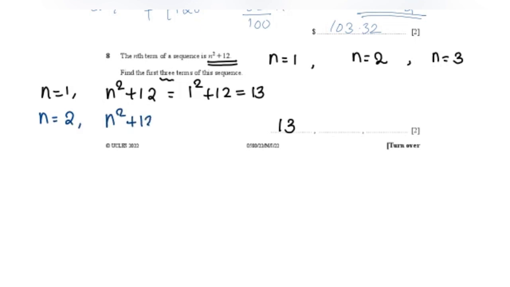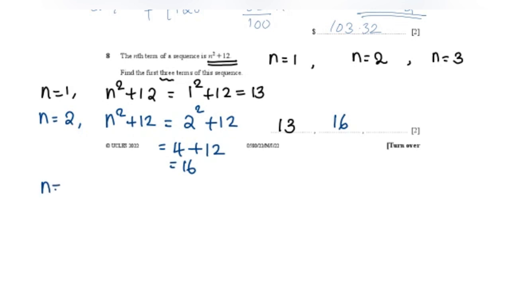When n is equal to 1, n square plus 12 will become 1 square plus 12, which is 13. So the first term in the sequence is 13. When n is equal to 2, the expression becomes 2 square plus 12, which is 4 plus 12, and the answer is 16.